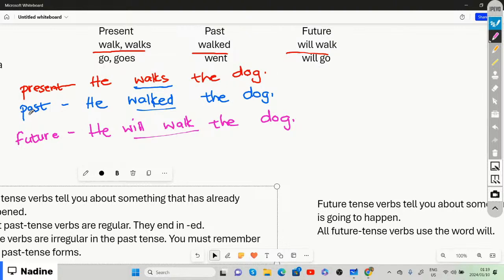In the past tense, he walked the dog. And in the future, he will walk the dog. And remember, we said that within the future tense, we use the word will, followed by the verb.